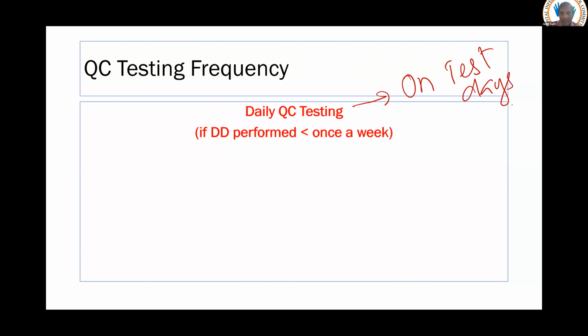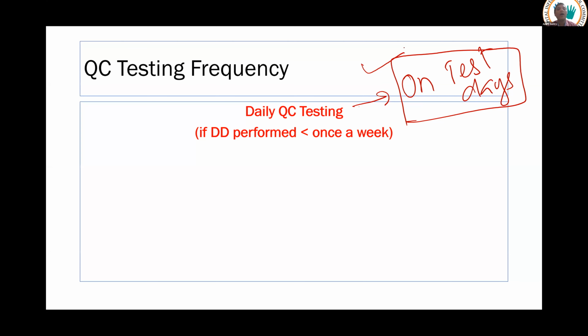Daily QC testing means no need to do it every day. Whichever day your lab is putting up AST for the patient sample, on those days you have to run the QC in parallel. This is called daily QC. However, if your load is good, and you are doing AST for the patient sample on a daily basis, your load is good.